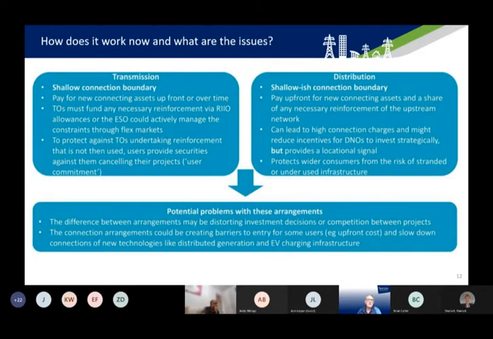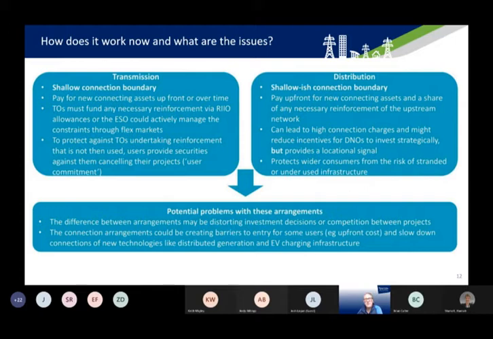So this slide, I'll not go through all of this in detail. This was really just in their original consultation as to why they'd initiated this piece of work, and I suppose there were two primary concerns. One, a distortion between distribution and transmission, as I said before. Transmission has a shallow connection boundary, and distribution's got a shallowish connection boundary, and therefore they were concerned that those differences might create some distortions in terms of where customers were wishing to connect between distribution and transmission.